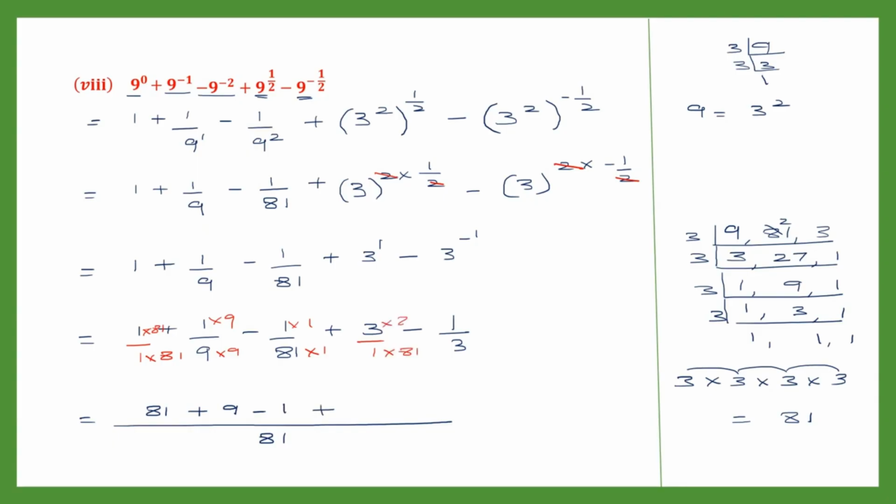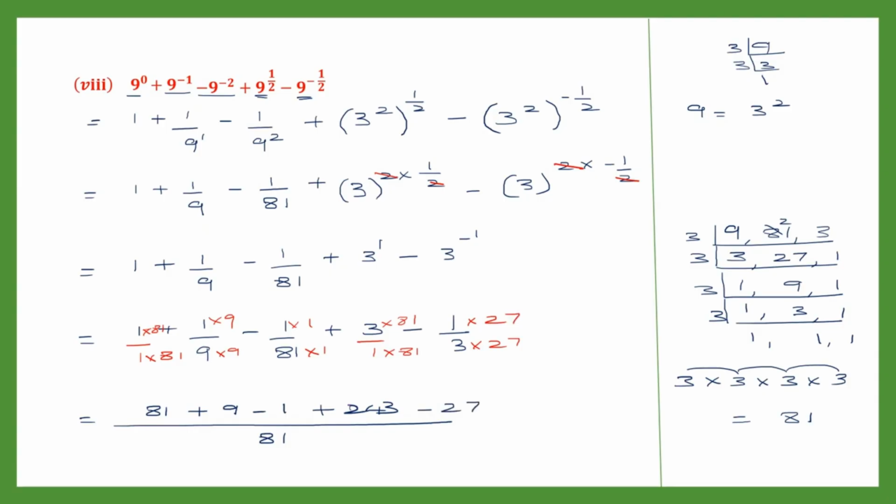So 3 into 81, that is 243. So let's write that, 243. Then the last one is 3 into 27. So 3 into 27 is 81, so 1 into 27, so 1 into 27 is 27.